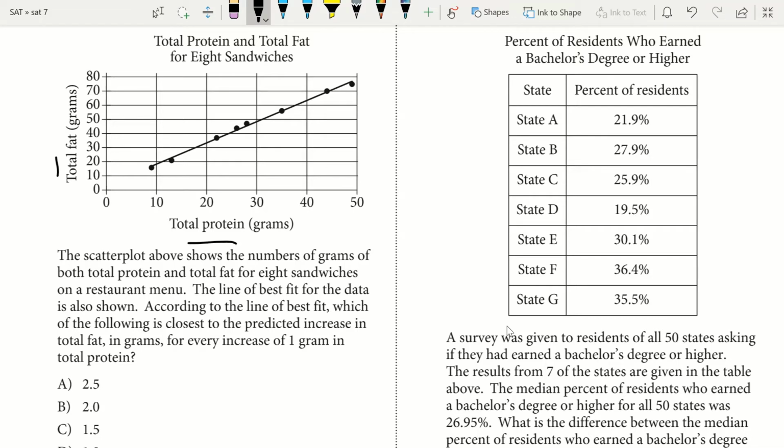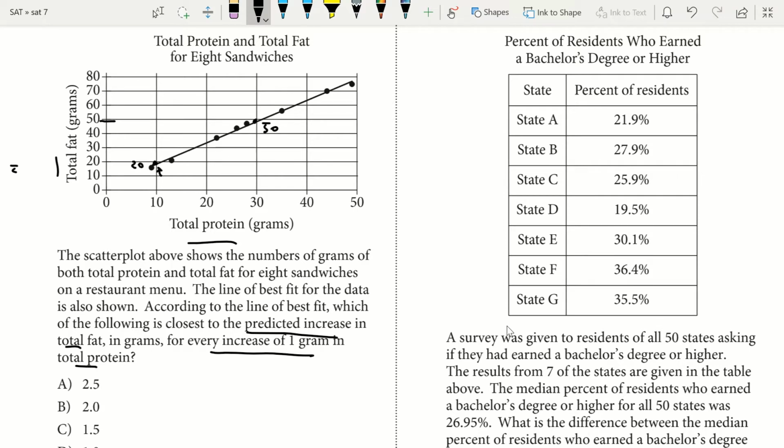All right, so this is just going to be my slope, right? Because it's going to be my predicted increase based on the line of best fit in total fat, so my increase in y for every 1 increase in x. So I'm just solving for my slope here. So I'm going to pick this point on the line of best fit right here, and then I'm going to also pick this point, right? Because they're both close to the line for my y value. So I'm going to have 50, and then I'm going to have 20, for my rise.